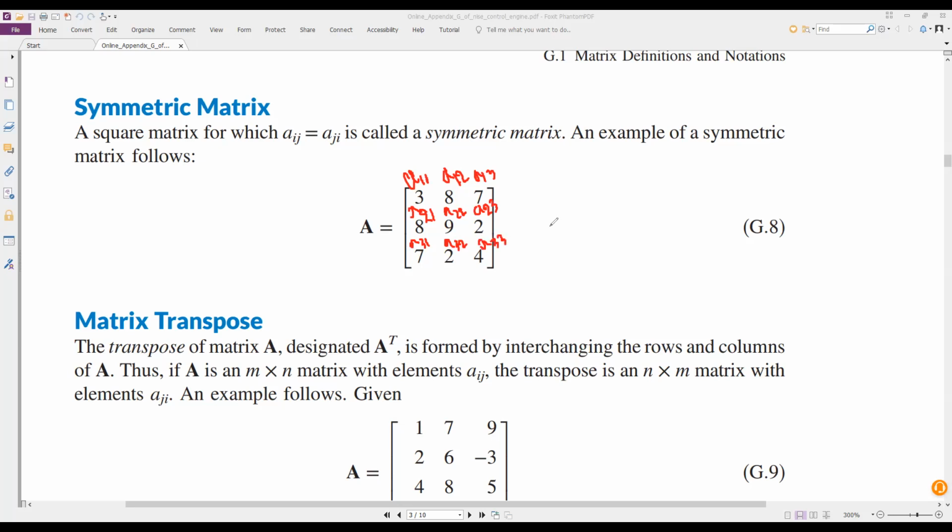Now look very carefully: A12 is equal to A21 and A13 is equal to A31.